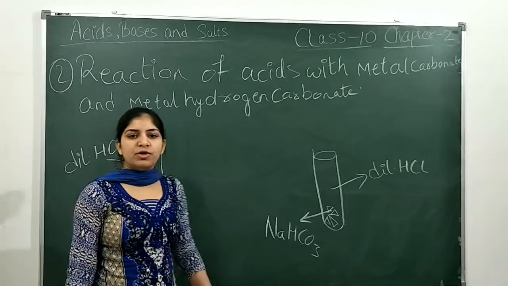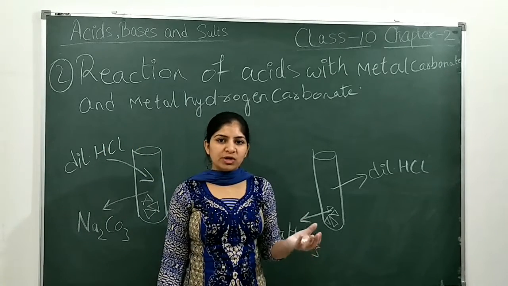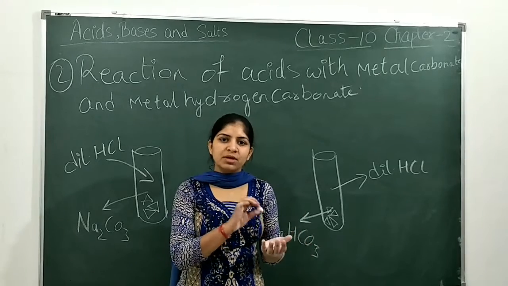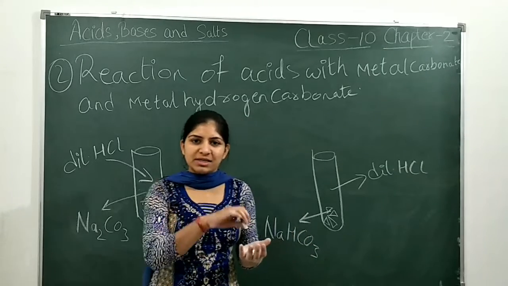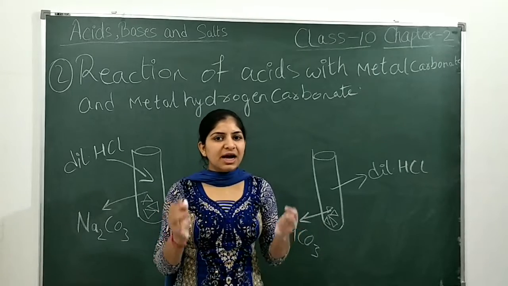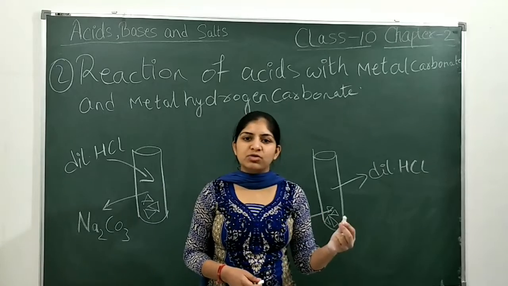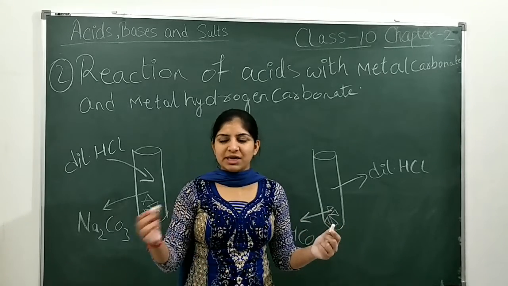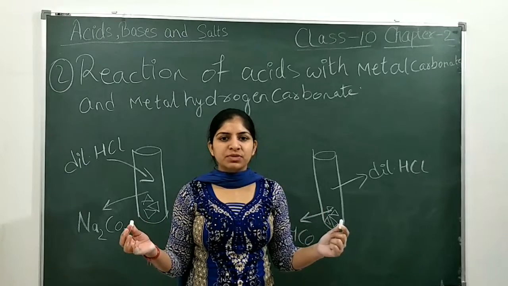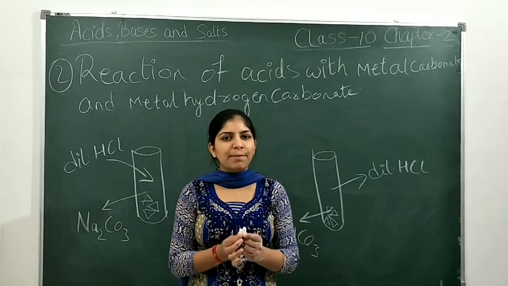Now what will we observe when we add sodium carbonate or sodium hydrogen carbonate in a test tube and dilute hydrochloric acid is poured in it? Then they start reacting with each other. Let us assume that this is sodium hydrogen carbonate or sodium carbonate and this is dilute hydrochloric acid. When they are together in one test tube, then what will happen?